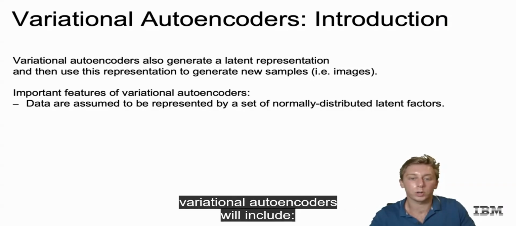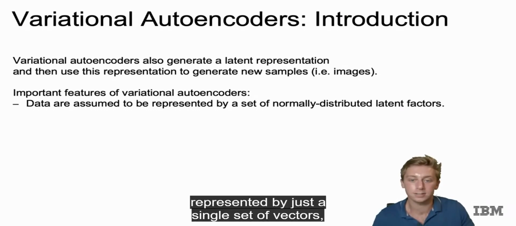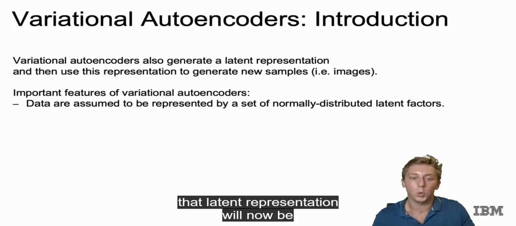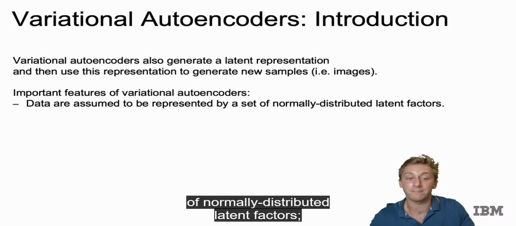Now, some important features of variational autoencoders will include, rather than the data being represented by just a single set of vectors, the values of the data in that latent representation will now be represented by a set of normally distributed latent factors.